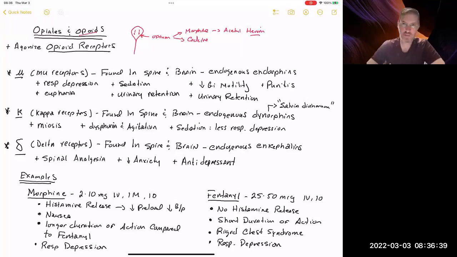And these are sometimes referred to as open ring structured drugs, such as fentanyl, sufentanil, carfentanil, remifentanil. So all of the fentanyl derivatives tend to fall into that. And their chemical structure is markedly different from the more opiate-like drugs.